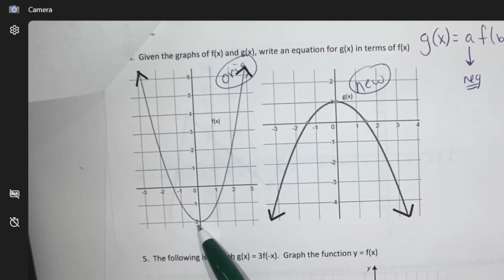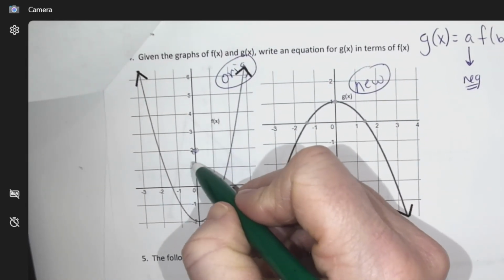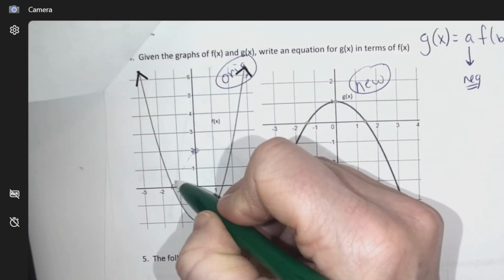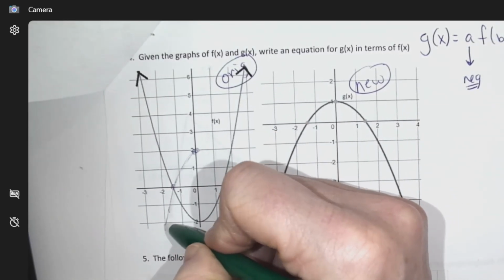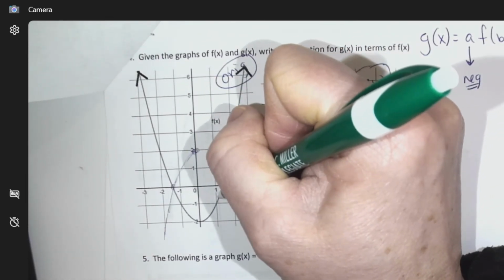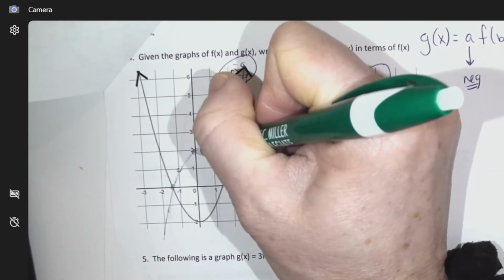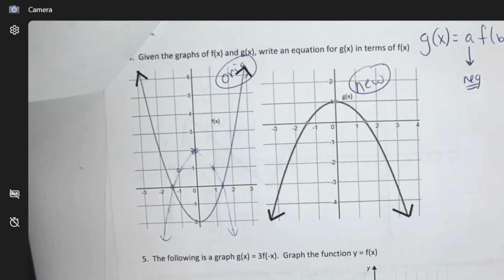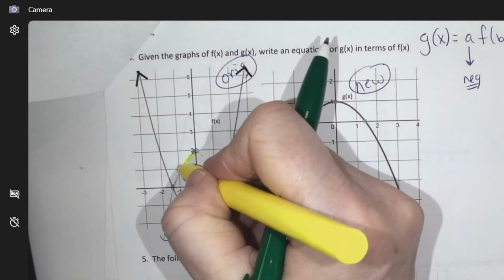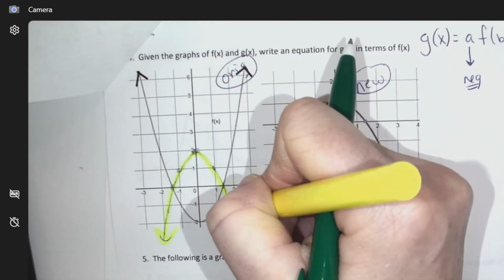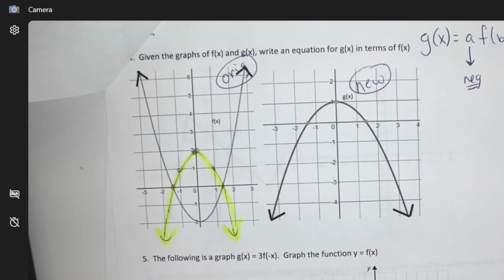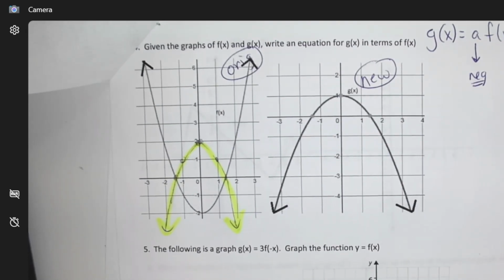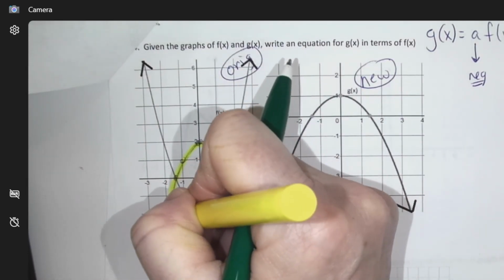So 0, -2 would flip to be there. Okay, there we go. I have reflected it. So this is yellow, it's a reflection.